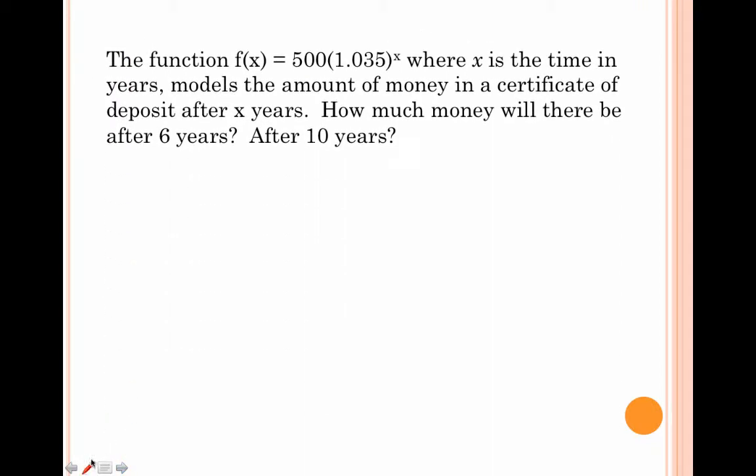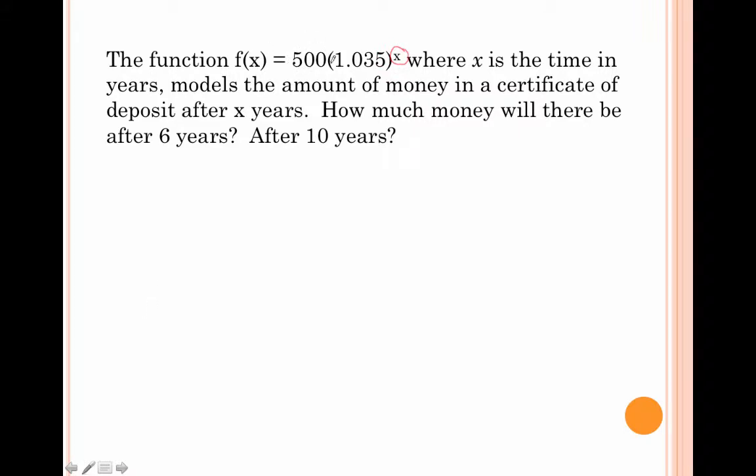I've got another exponential function here, and it's about money. So I've got a certificate of deposit which I'm going to hold on to for a certain number of years. So my x in this case is going to be the number of years that I have my CD.